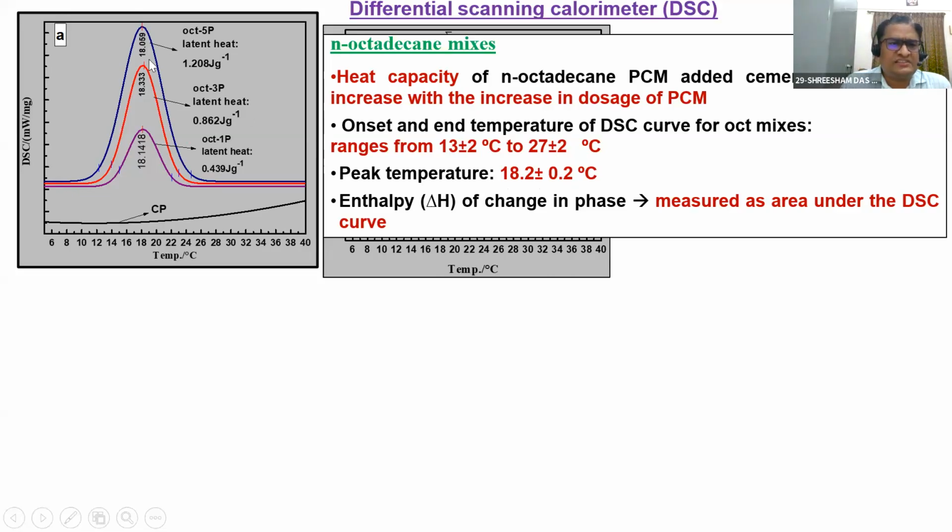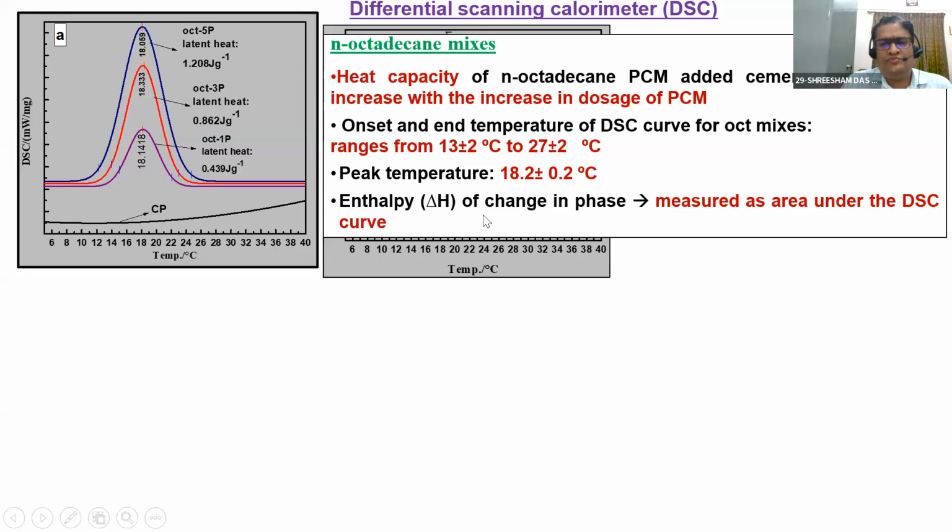Means you can see this is my peak temperature, and at this point the phase transition happens. So octadecane, the phase change material, will change its phase. But how? By absorbing the heat, and that's what is visible here. You can see this peak is nothing but my signature of the heat absorbance.